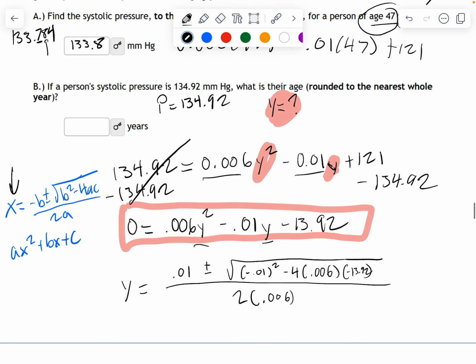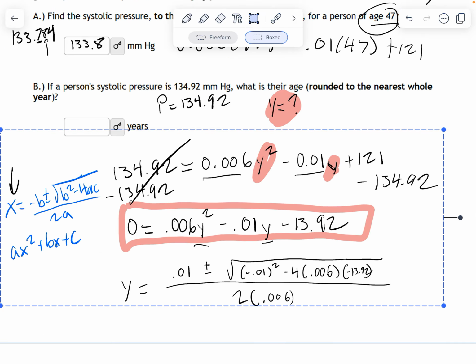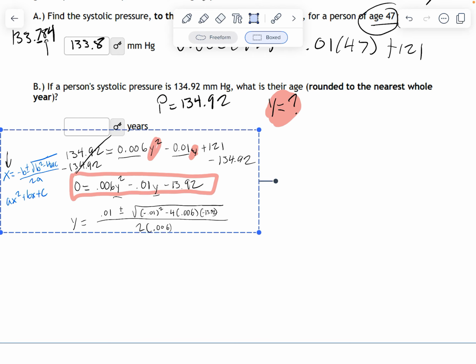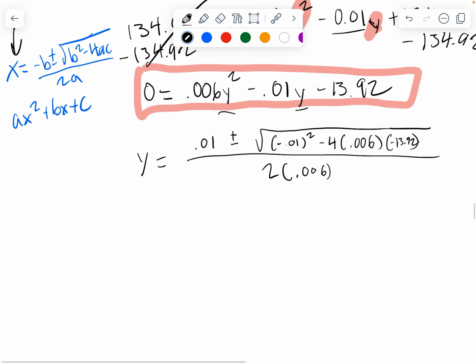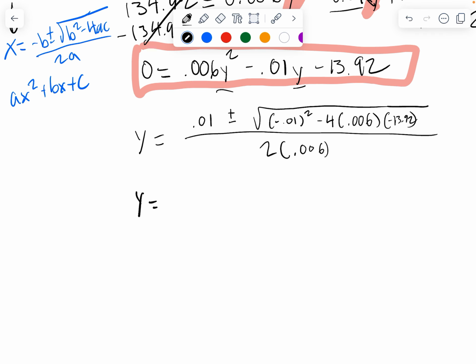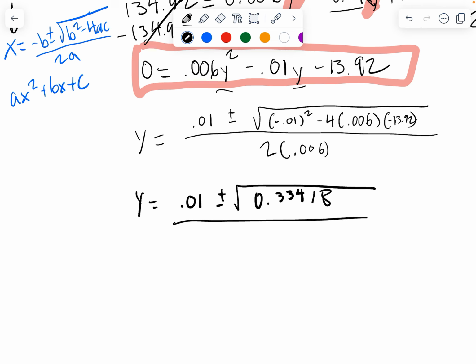And I am running out of room, so I am going to shrink a little of this to make more room. So y equals 0.01 plus or minus the square root of 0.33418. That is an exact decimal. I did not round that number. And then our denominator, we have 0.006 times 2, so 0.012.